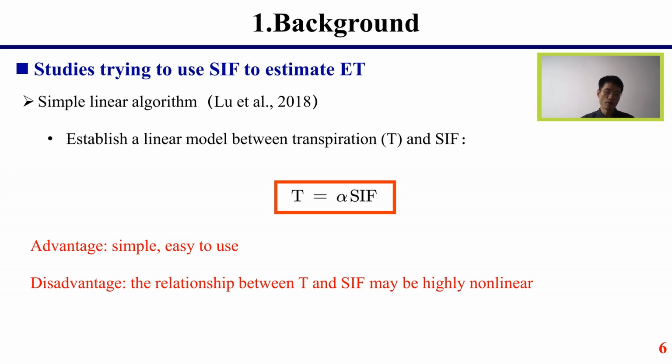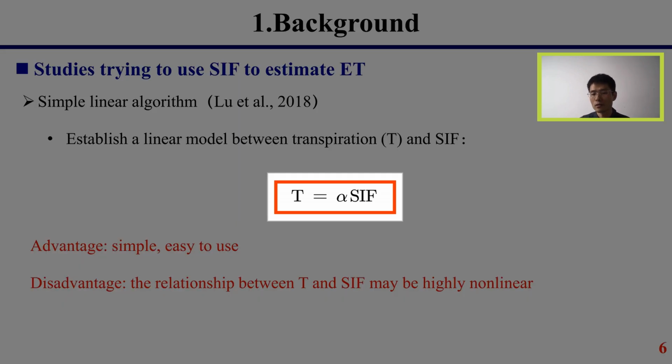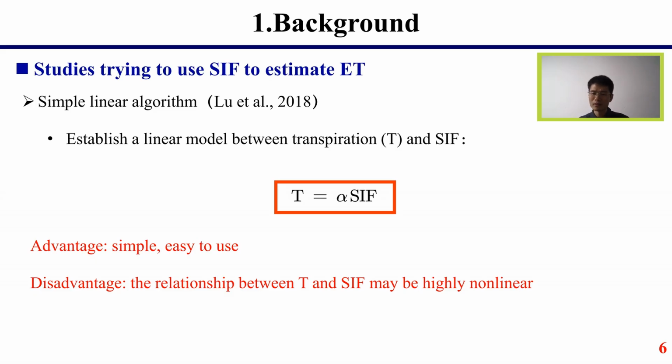The advantage of this model is that it's very simple and easy to use, just a linear regression. But the disadvantage is that the relationship between transpiration T and SIF may be highly nonlinear. So this simple model may have a very big error in the estimation.